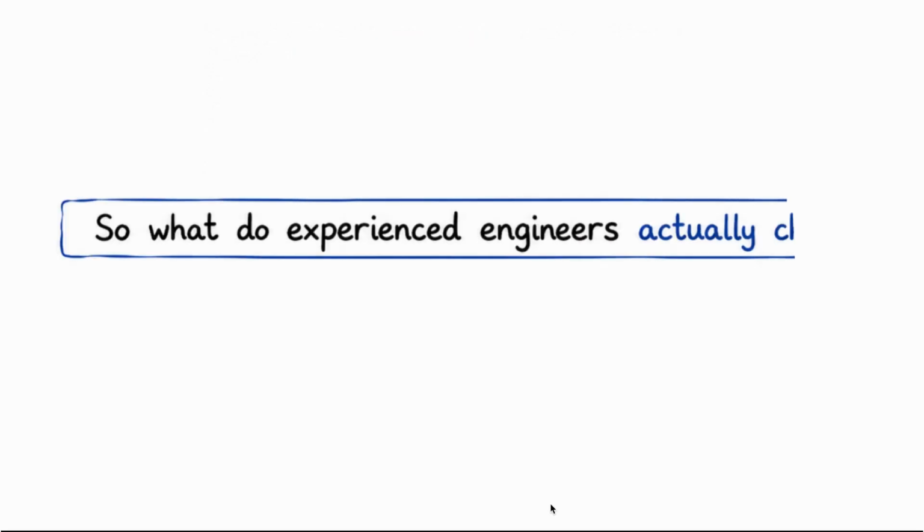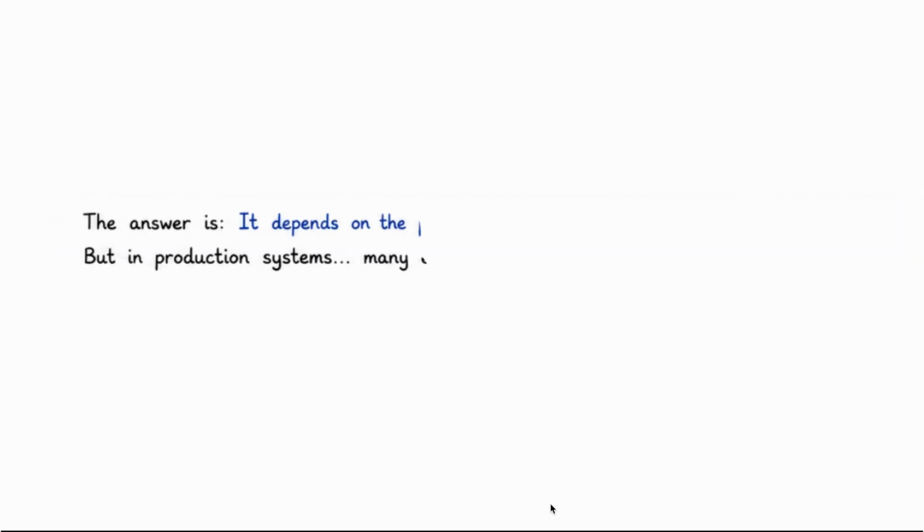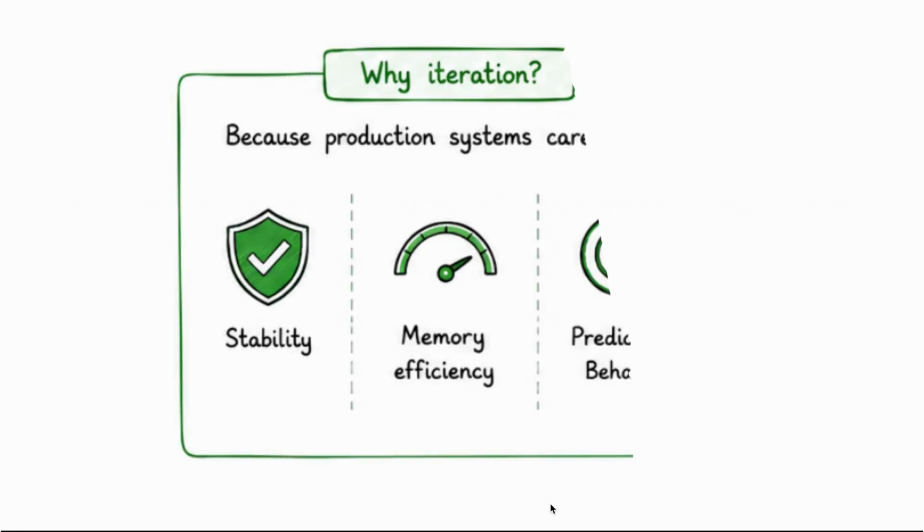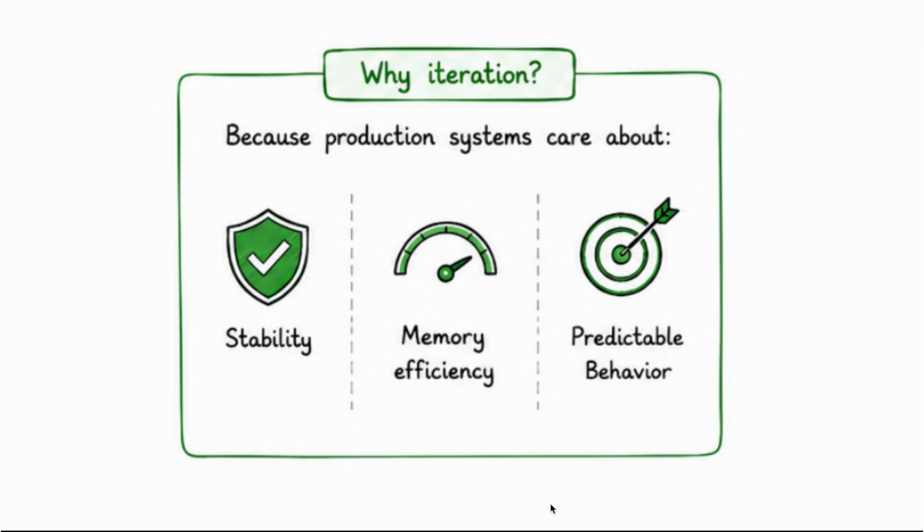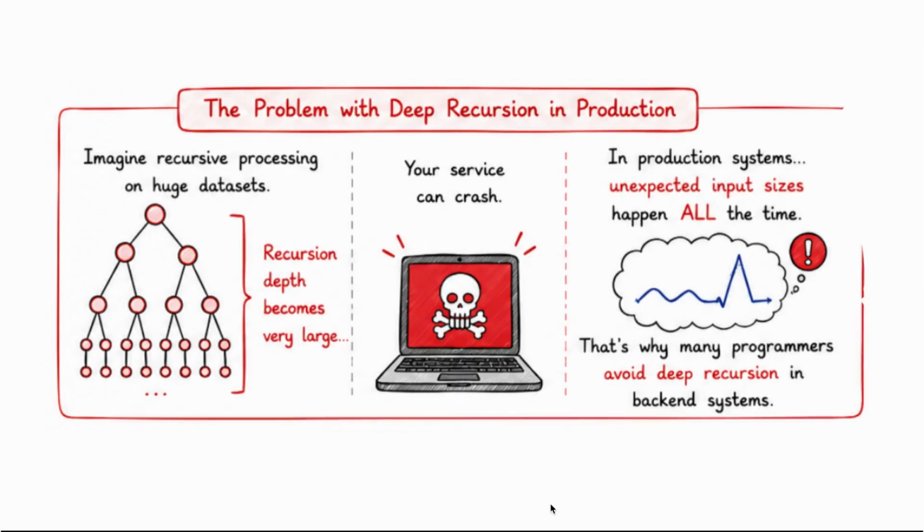So, what do experienced engineers actually choose? The answer is it depends on the problem, but in production systems, many engineers prefer iteration whenever possible. Why? Because production systems care about stability, memory efficiency, predictable behavior. For example, imagine recursive processing on huge data sets. If recursion depth suddenly becomes very large, your service can crash.